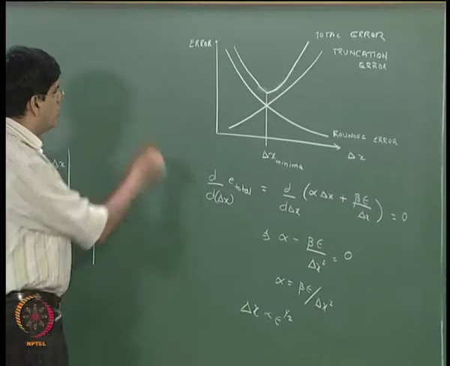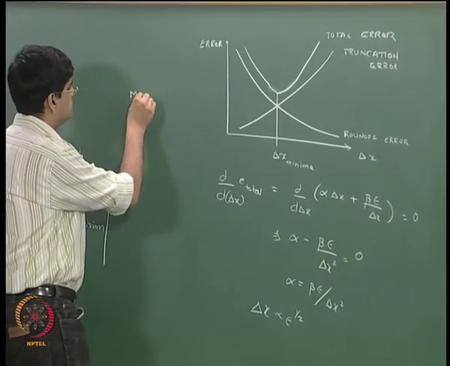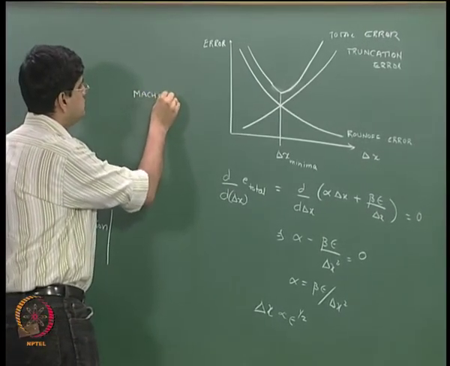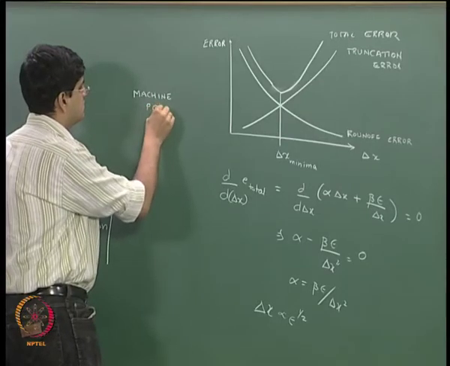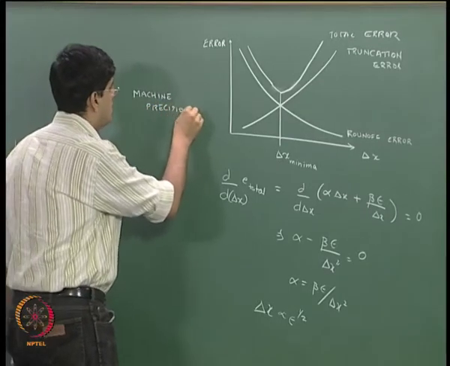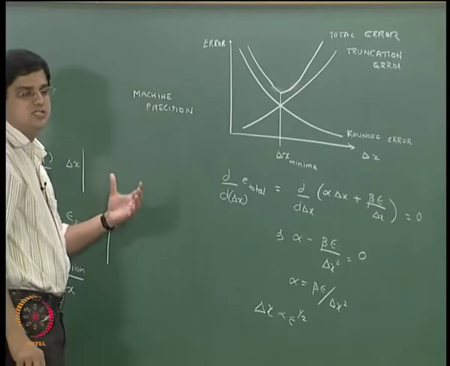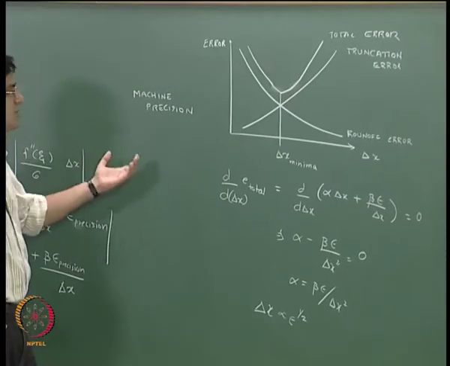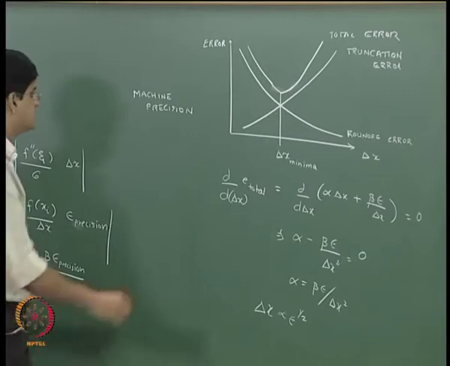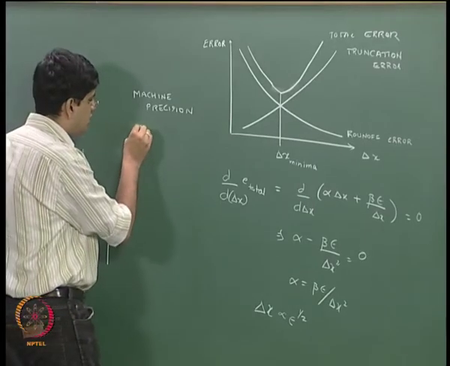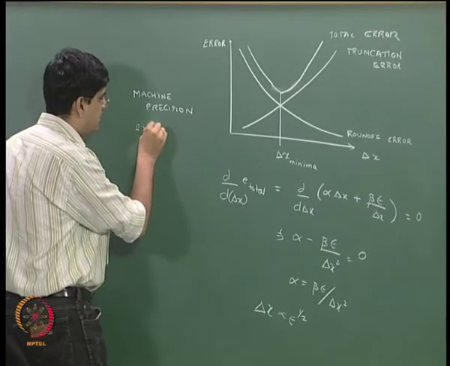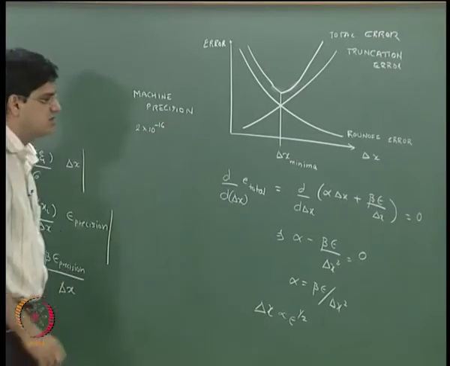Okay. Now, our machine precision for double precision machine, that's double precision is what Microsoft Excel uses, is of the order of 2 multiplied by 10 to the power minus 16. Okay.